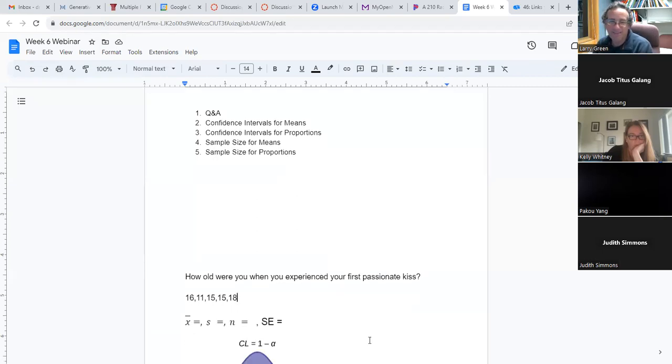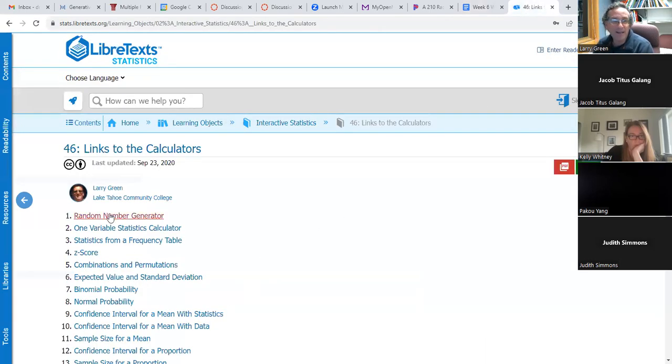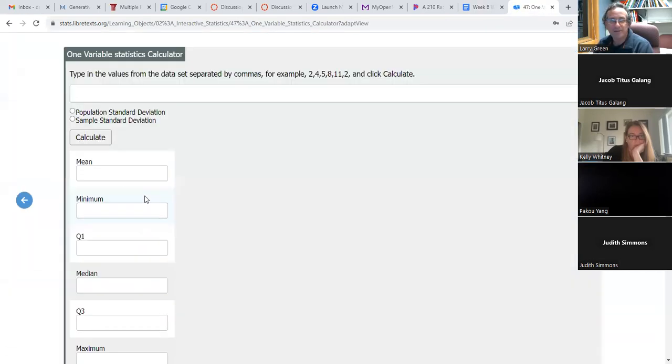Sound good? All right, what I'm going to do now is find the sample statistics that I care about. So I'm going to go in here and I'm going to go statistics, one variable statistics calculator, and put those numbers in. And as a sample, the mean was 15.